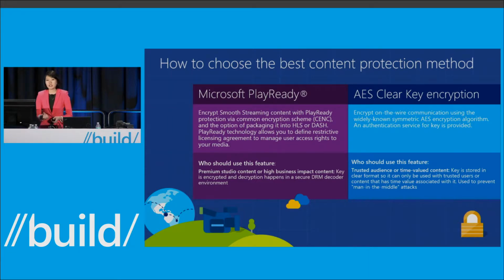PlayReady technology is really designed for media business in that it allows you to define very comprehensive media rules to restrict the access for video content. You can say the video can only be played back in the next 24 hours, or if my audience bought the content, they can only watch it on a laptop but not streaming through HDMI. You can do such granular restriction on your media content.